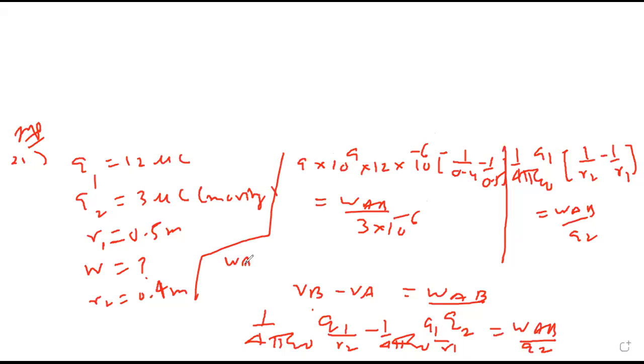So work done equals 9 into 9 into 12 into 10 raised to minus 6 into 3 into 10 raised to minus 6. This is 0.5 minus 0.4, that is 0.1, upon 4 into 5, 20 into 10 raised to minus 2.